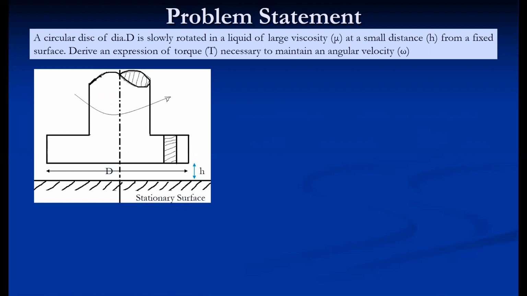The fixed surface is stationary. Derive an expression for the torque T necessary to maintain an angular velocity omega.